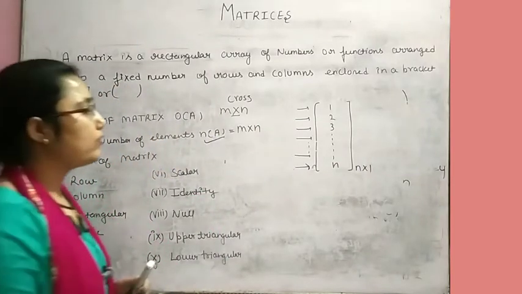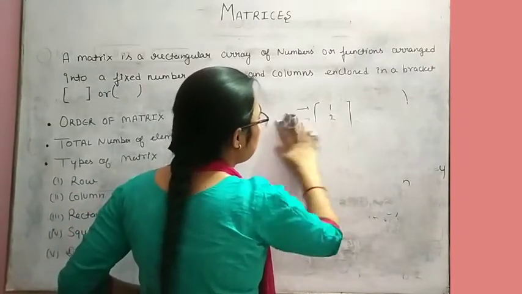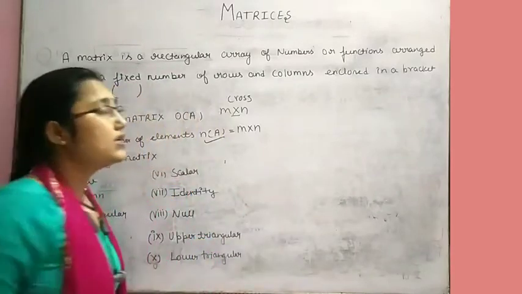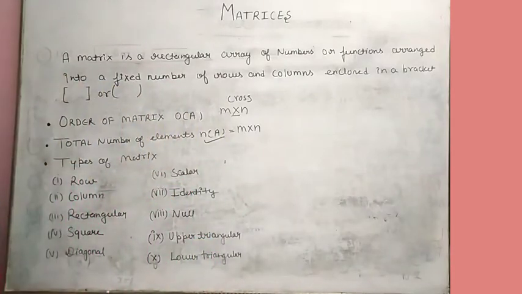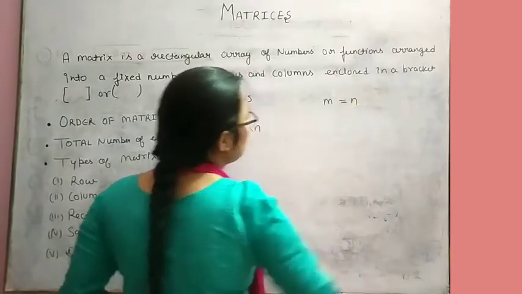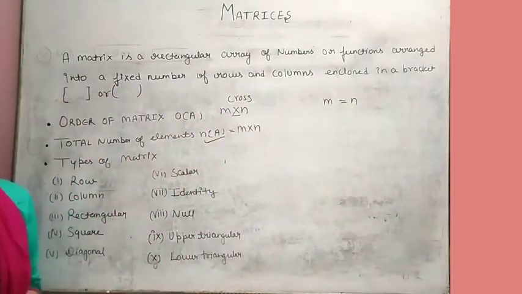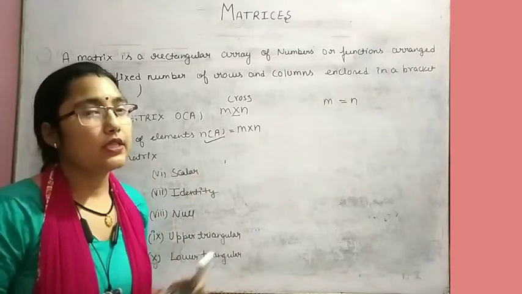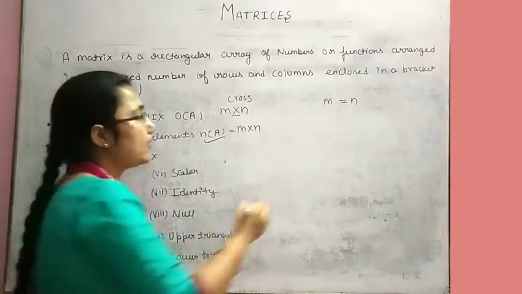Next, rectangular matrix. A rectangular matrix is represented in the format of a rectangular arrangement, that means m cross n. If m equals n, that means the number of rows equals the number of columns, this is known as a square matrix.